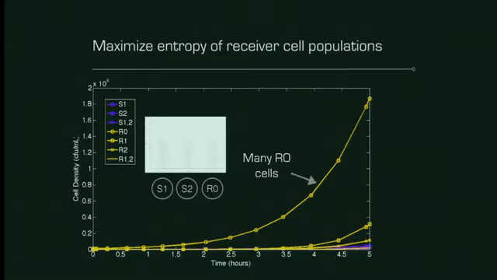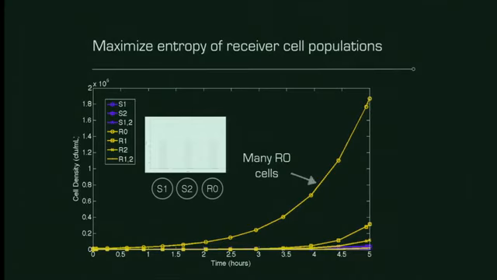So in the first example, I'm trying to maximize entropy of the receiver cell populations, so R0, R1, R2, and R1,2. So if we initially seed the population, you cannot really see that, okay, there are equal-sized bars up there. If we initially seed the population with equal numbers of each starting population, each of the 2 sender cell populations and the single receiver cell population, we see that the result is very heavily skewed in favor of the receiver cell populations.